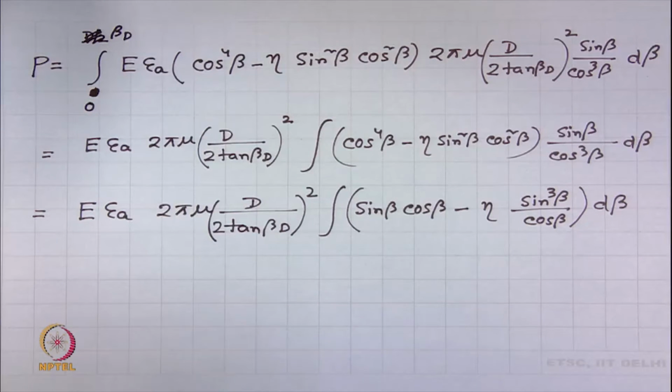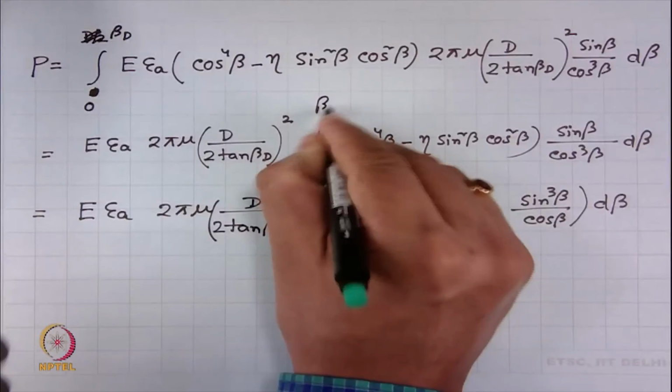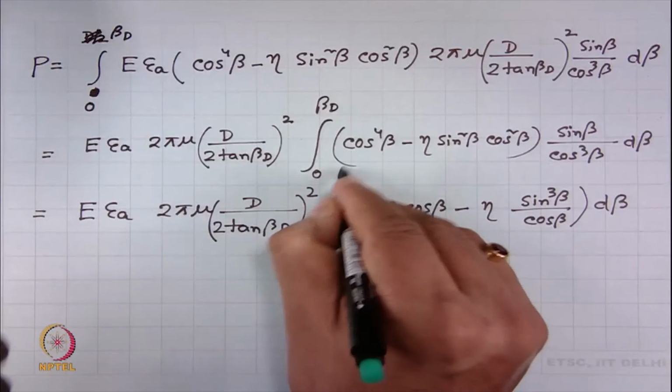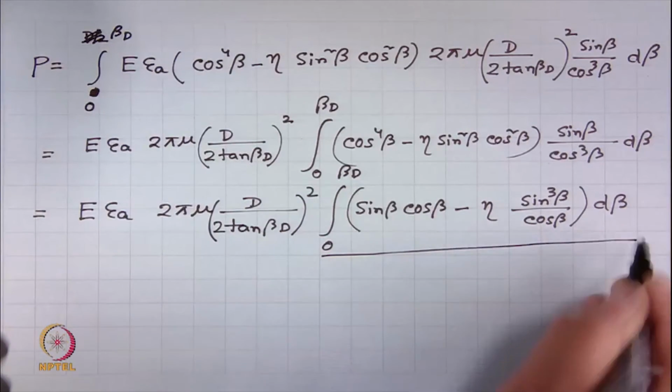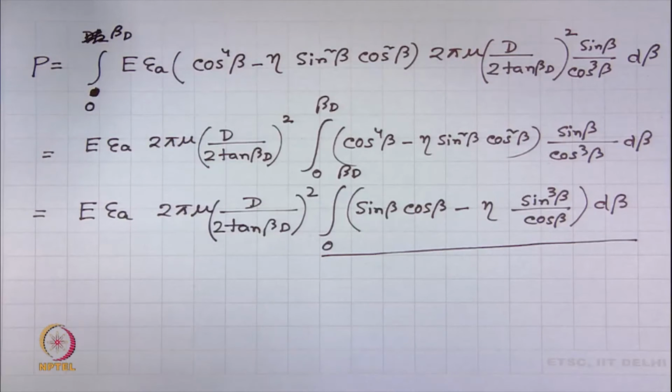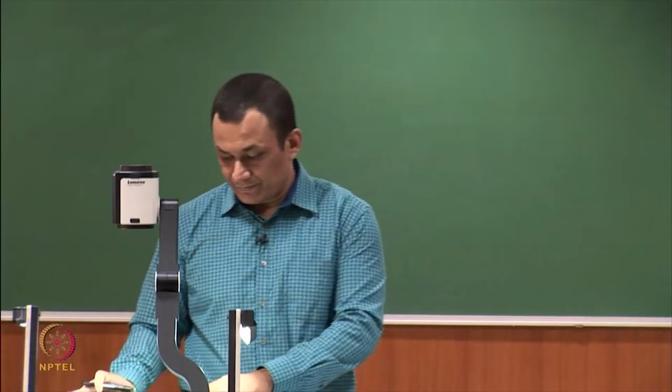Right. This limit is 0 to beta d. So, we have to solve this integral. So, there are two indefinite integrals. Let us solve them.